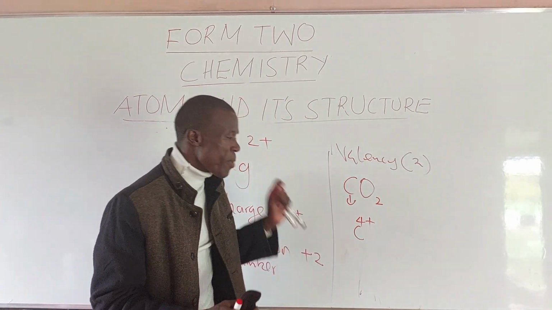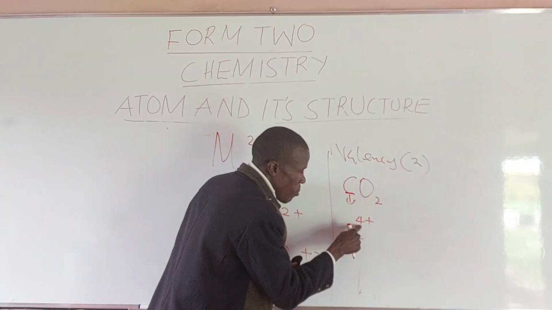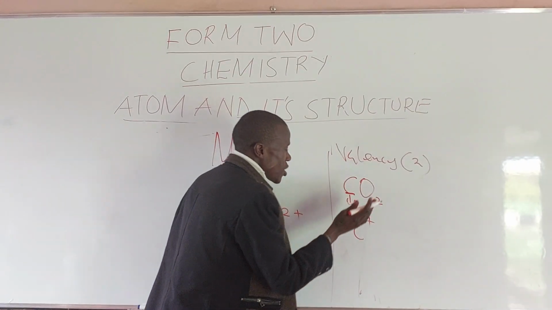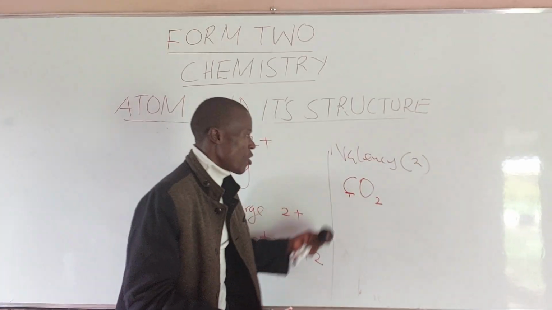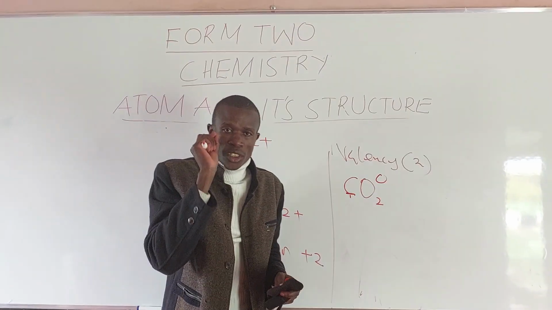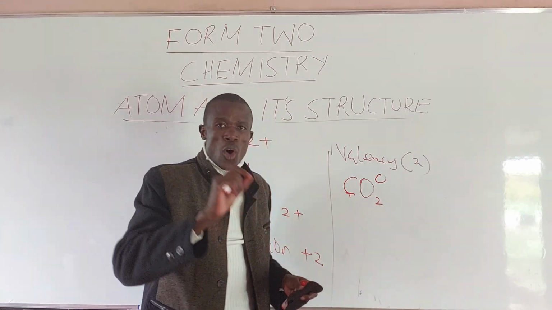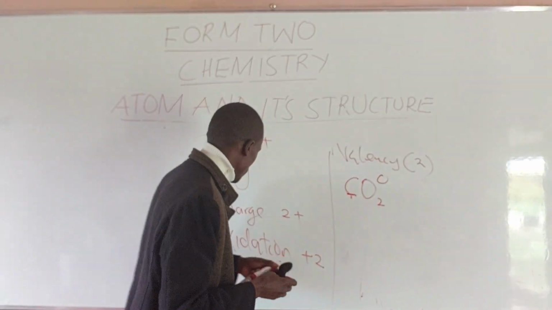Therefore, oxidation number can be the apparent charge of an element in a compound, or we can talk about the charge of a compound. For example, carbon 4 oxide as a whole has a 0 charge.